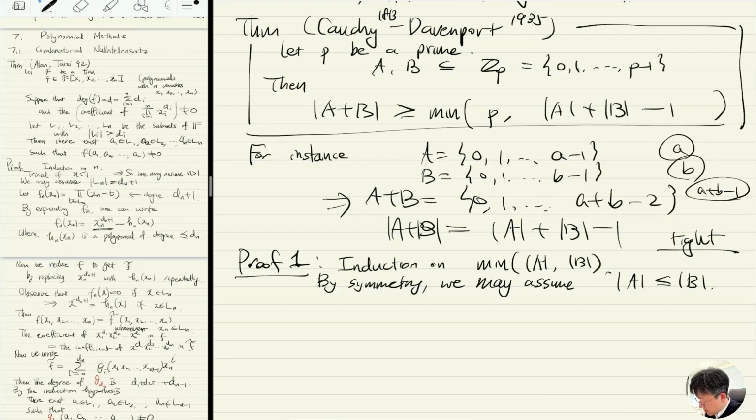And also, the size of A is at least 2, because if A has only one element, then it's trivial. If A has only one element, then A plus B has the same size as B. It's only shifting.